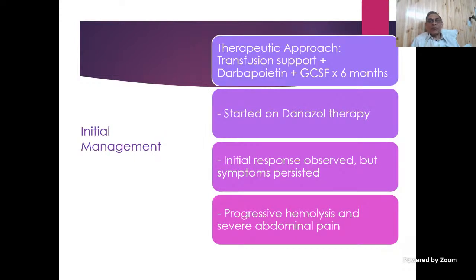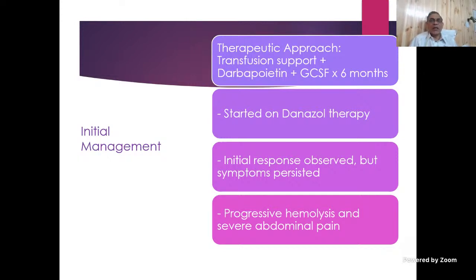Now, initially, we started her on supportive therapy, the EPO and GCSF, for about 6 months. This was December 2021, January 2022, when the third wave of COVID had just taken over. Although the mortality was less, there was still a lot of confusion about what to do in a COVID scenario.